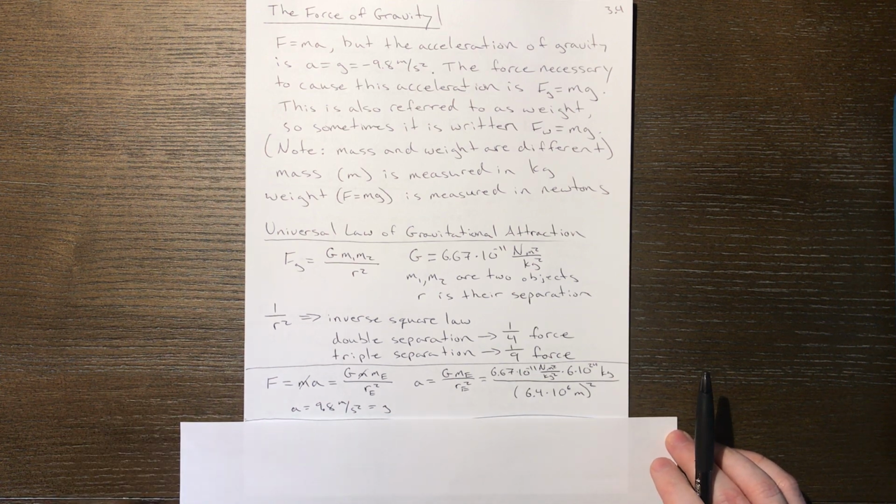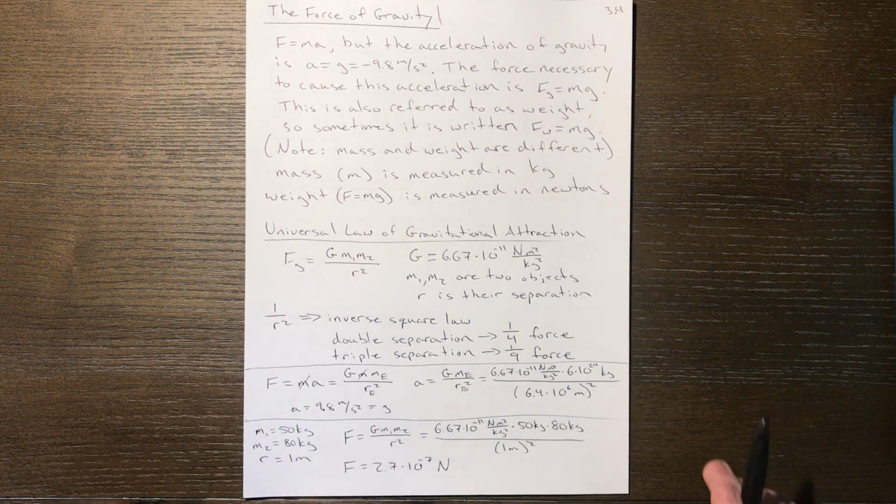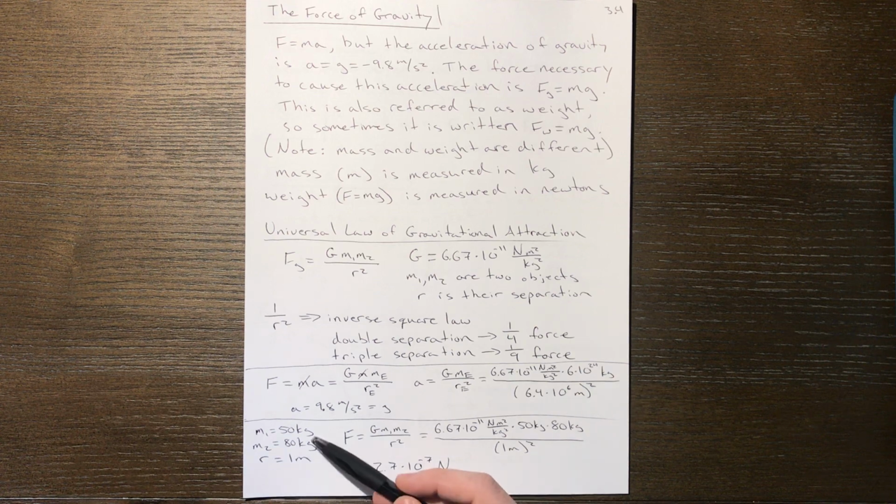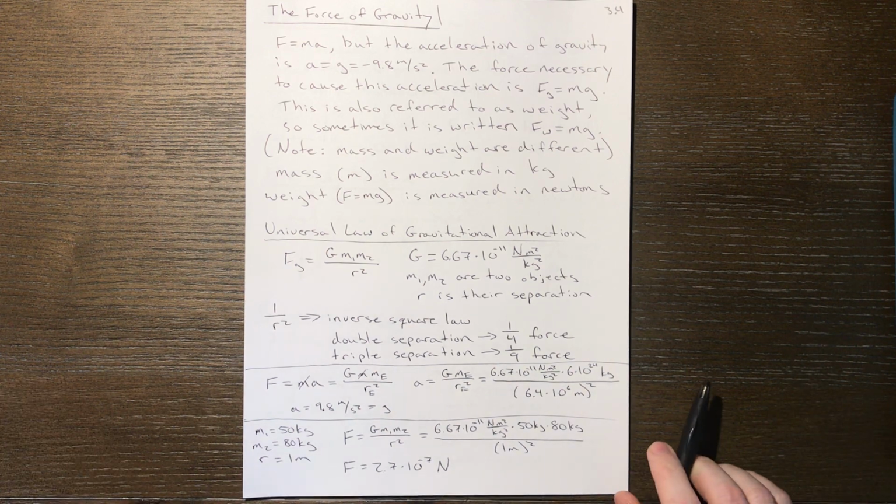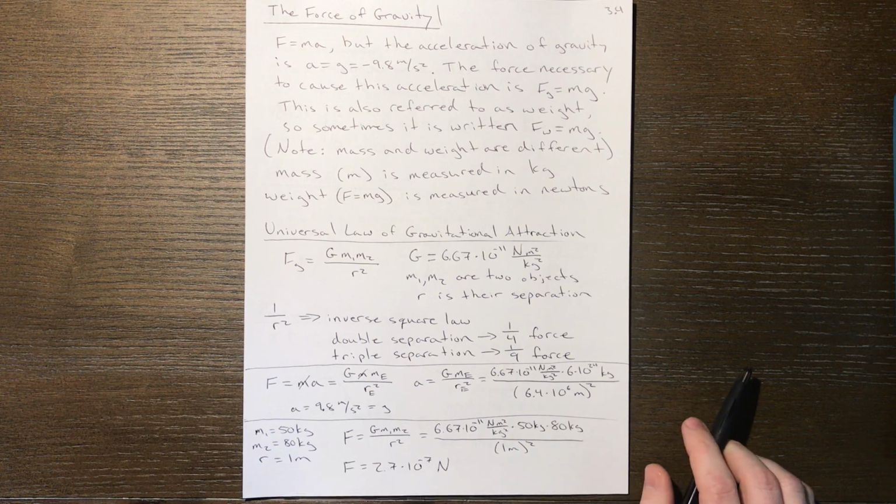One last fun example, I usually pick on a couple that flirts too much during class. If we take two people, we can measure the gravitational attraction, the force of attraction, between two people. So take one person at 50 kilograms, another person with a mass of 80 kilograms, and let's say they're about a meter apart, sitting next to each other at a table in a physics classroom.